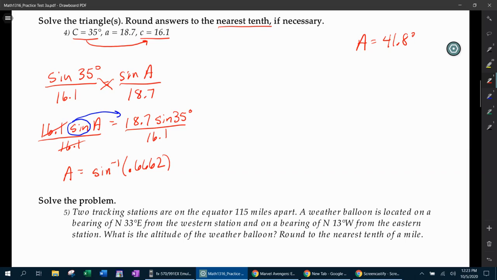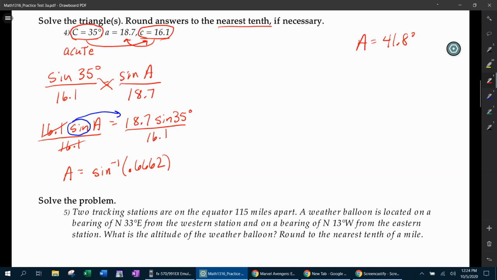Now, there's this thing called the ambiguous case. And since we're given only one angle to begin with, we need to check to see if this is the ambiguous case, which means that we would need to look for 2 sets of answers. Okay, so here's how you check for the ambiguous case. If you're given only one angle and that angle is acute, so that criteria is met. The second criteria is that the opposite side has to be less than the other side.